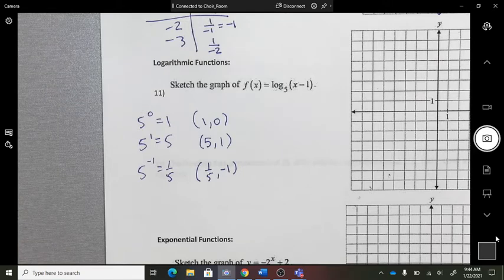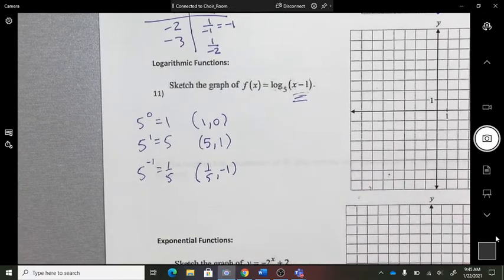Okay, so that's the basics of a log. Think exponentially and then flip them. That's a log. Now, what do we got to do? We're going to take those coordinates as our basic shape and move them. What does this move it physically?